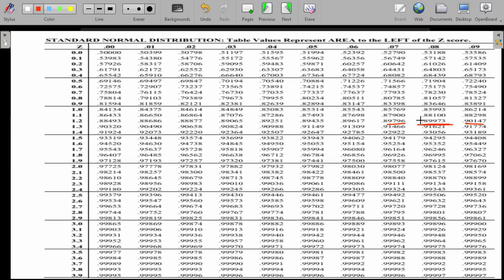This number here is less than 0.9, so let's find the difference. 0.9 minus 0.89796, I'm getting 0.00204.